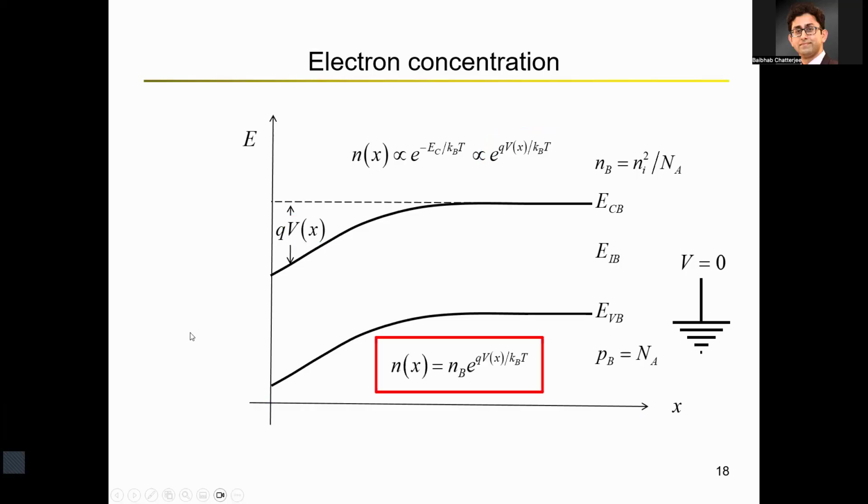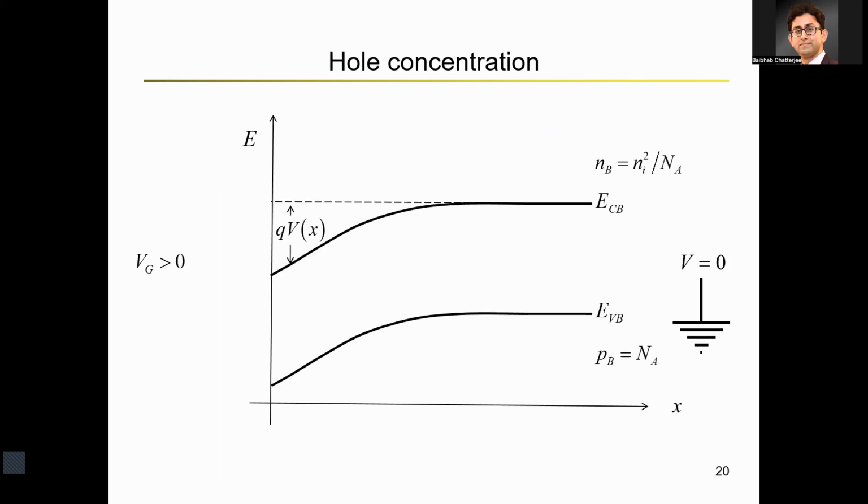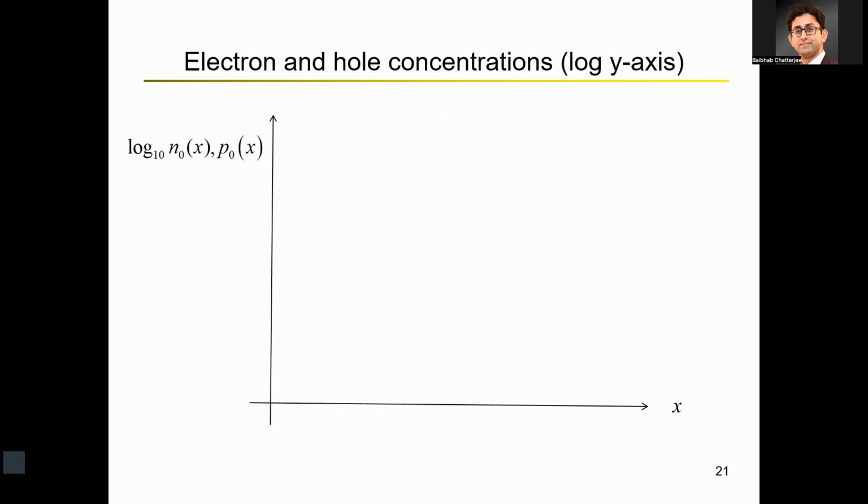Electron concentration will have a positive exponential, so of course you'll have the highest number of electrons toward the oxide structure, and a low number of holes near the oxide structure. So the hole concentration reduces near the oxide structure.